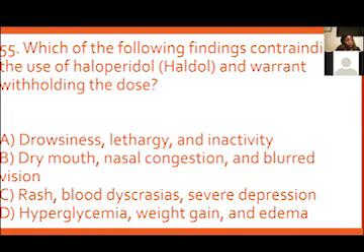I'm going to ask you guys, you can put the answer in the chat box if you don't want to say it audibly. Which of the following findings contraindicates the use of Haldol and warrants withholding the dose? A: drowsiness, lethargy, and inactivity. B: dry mouth, nasal congestion, and blurred vision.